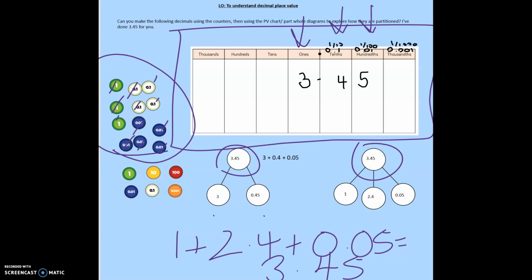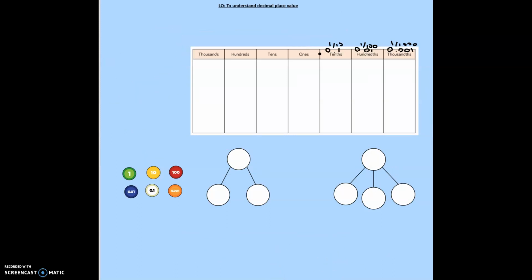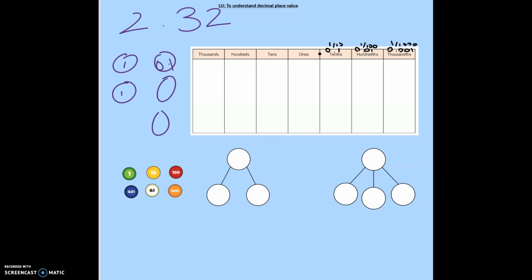So let me just do another example for you. So this time we're going to do 2.32. Now my counters aren't going to move because I'm recording them, but I'm going to draw my counters so you can see them. So I'm going to have 2 1 counters. I'm going to have 3 0.1 counters, and I'm going to have 2 0.01 counters.